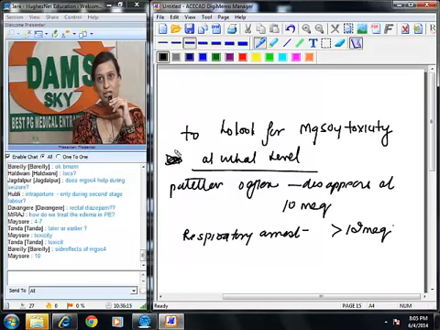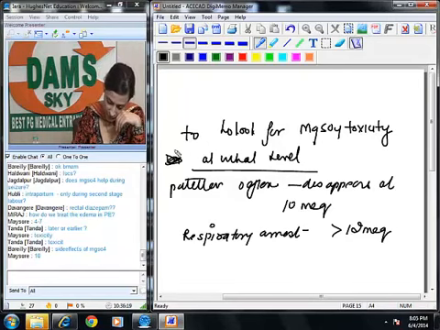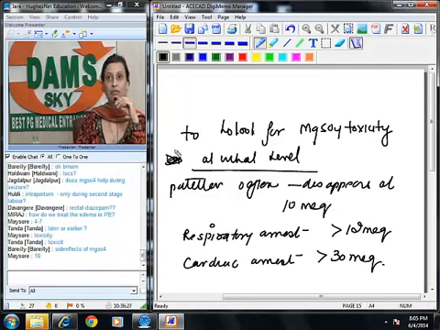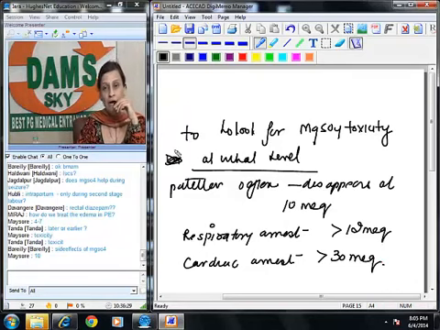So respiratory arrest when does it happen? At 12 milliequivalents. And there is going to be cardiac arrest at levels more than 30 milliequivalents. So cardiac arrest, respiratory arrest and the patellar reflex is the first thing to go at 10 milliequivalents.